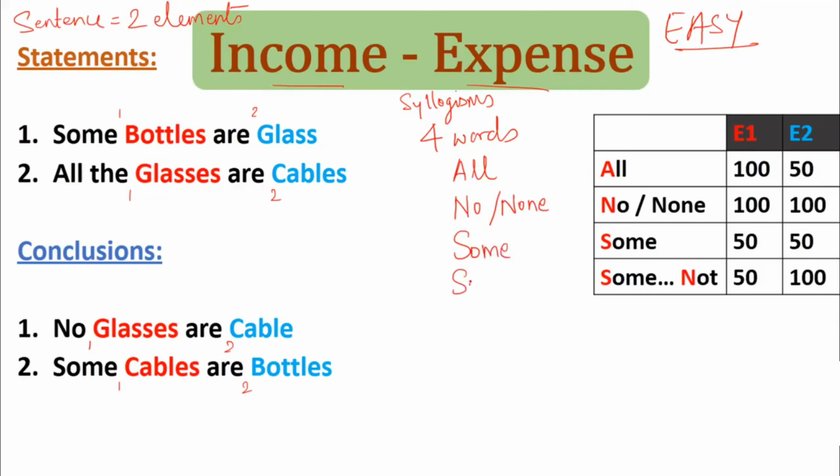And fourth one is some not. This "some not" means the word some, then some words in between, then the word not. These four words are most important in syllogisms because almost all the sums of syllogisms will have either all or some of these words. Apart from this, nothing would be there in syllogisms.